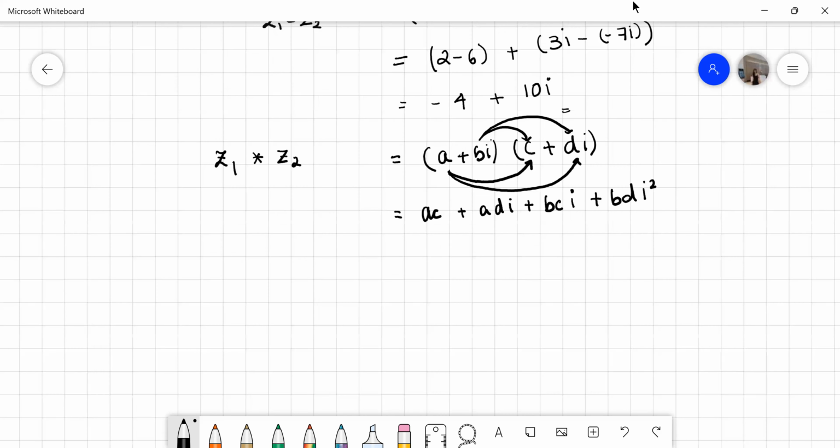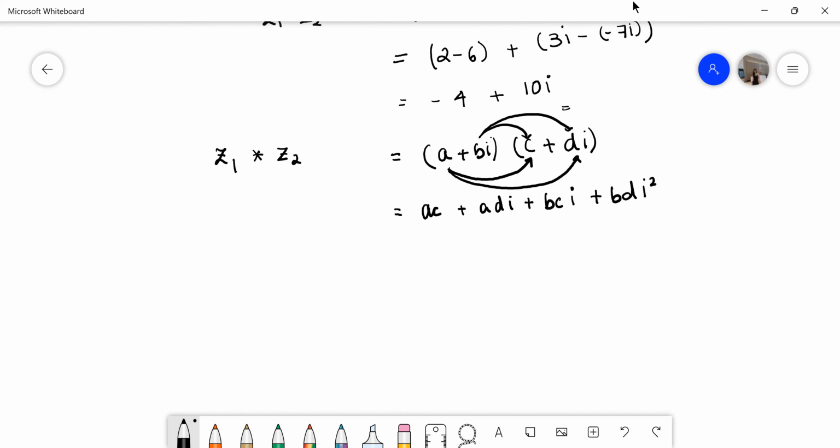And remember, i squared is -1, so this part becomes negative bd. So the result of this multiplication of two complex numbers is ac minus bd plus (ad plus bc)i.